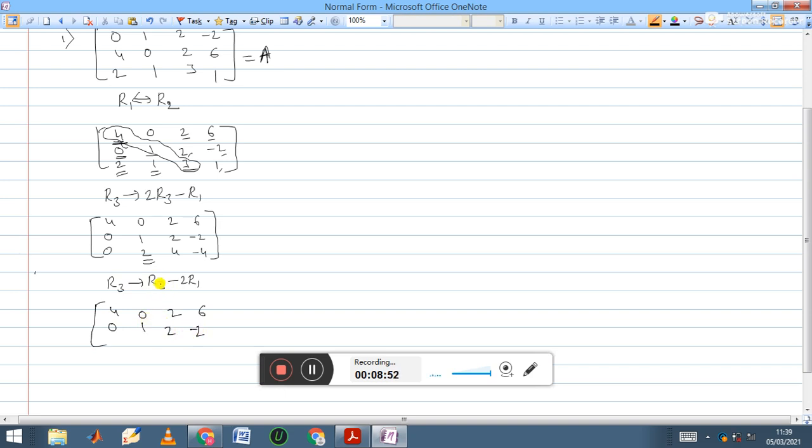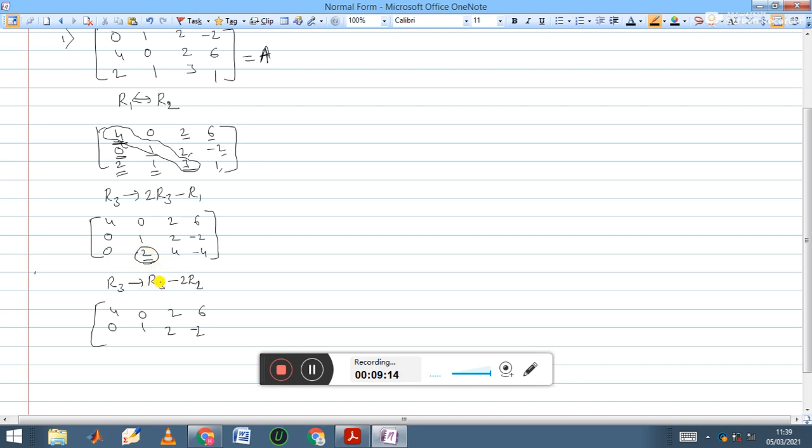On the third row you are applying the operation R3 minus 2R2. Please make the correction, because you need to use only R2 to make this element 0. Okay, R2 you are multiplying by 2 and subtracting from R3, right?